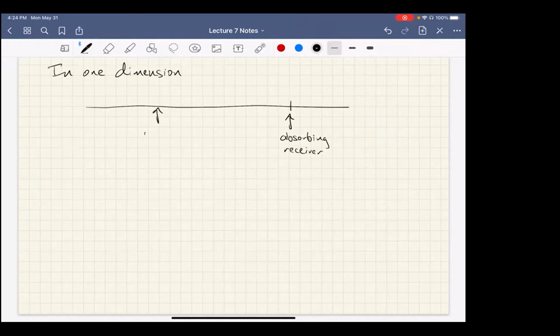Here is the release point for molecules. I will always assume that is at location X equals 0, in other words, the origin. And I'm going to assume that this is at location X equals D, where D is greater than 0. So in other words, the distance here is D.